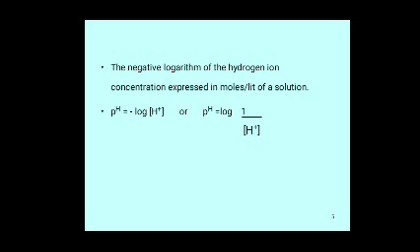The negative logarithm of hydrogen ion concentration expressed in moles per liter of solution is called pH. pH is equal to minus log H plus ion concentration, or pH is equal to log 1 by H plus ion concentration.